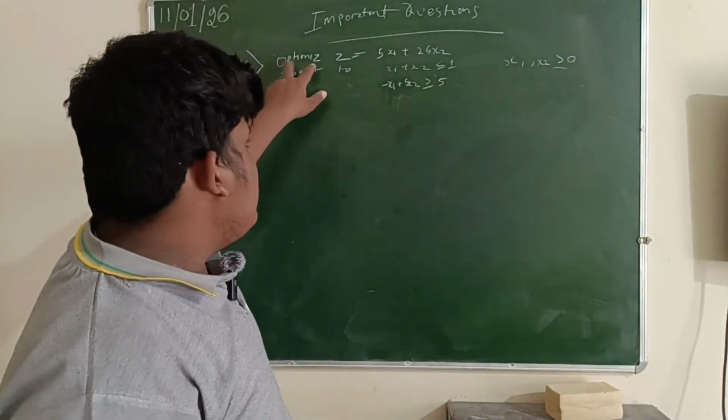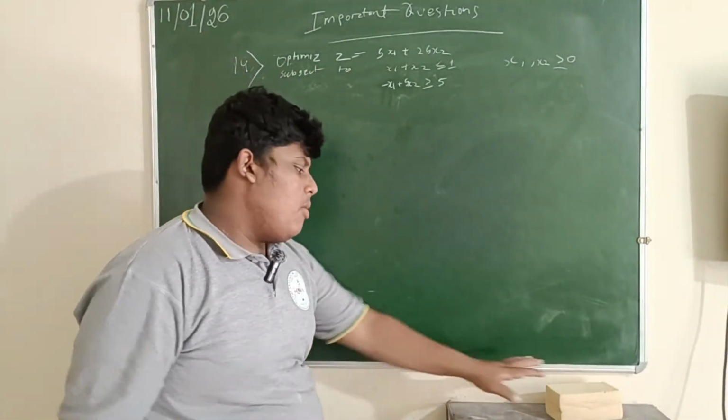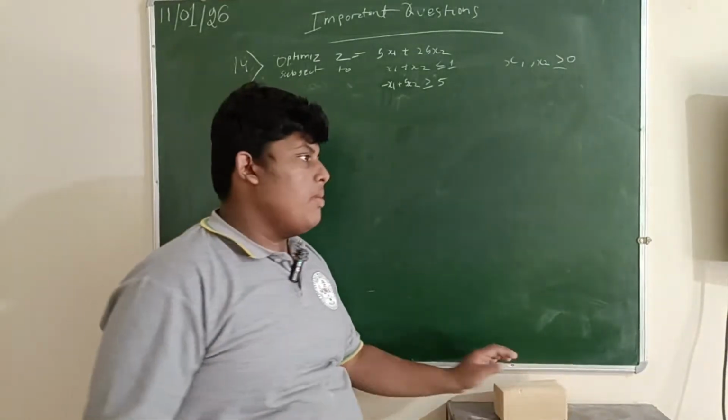So this is the question. Here it is given to optimize. In LPP some questions are given to maximize or minimize. Optimize means we have to find both the maximum and the minimum.